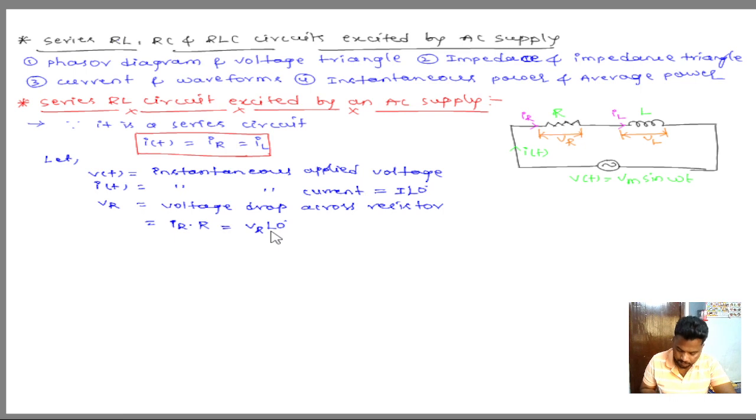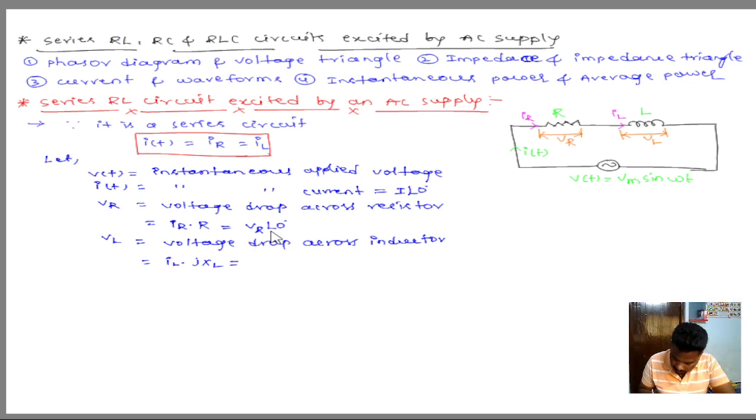Next, VL, the voltage drop across the inductor, is equal to IL into jXL, where jXL is the impedance of the inductor, that is VL at an angle 90.